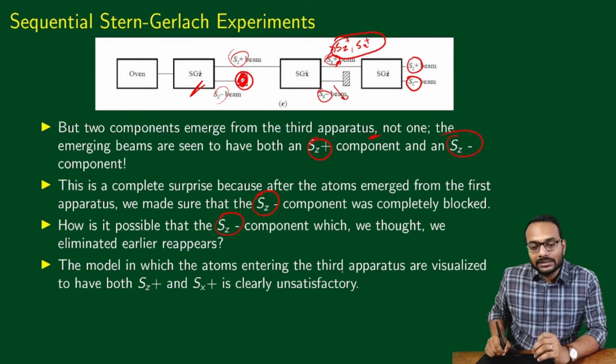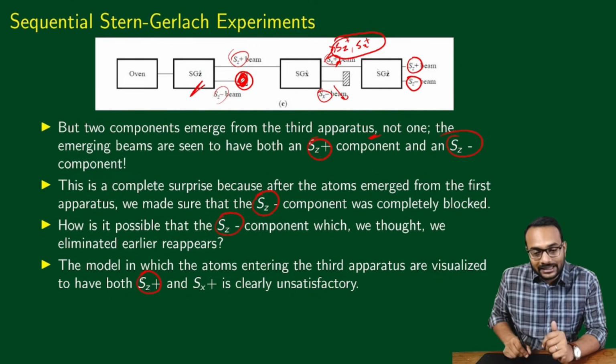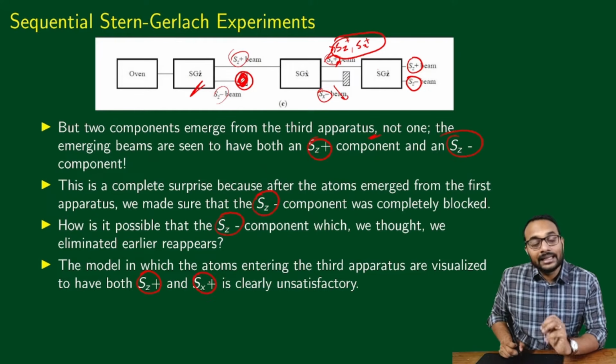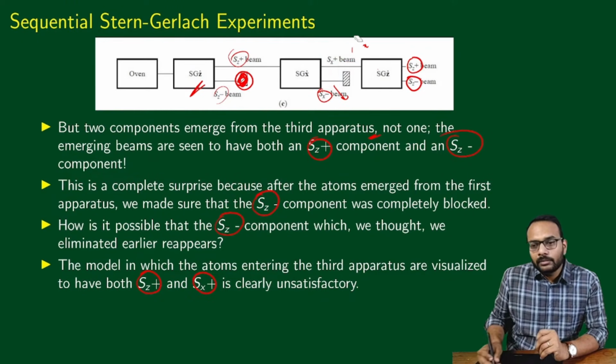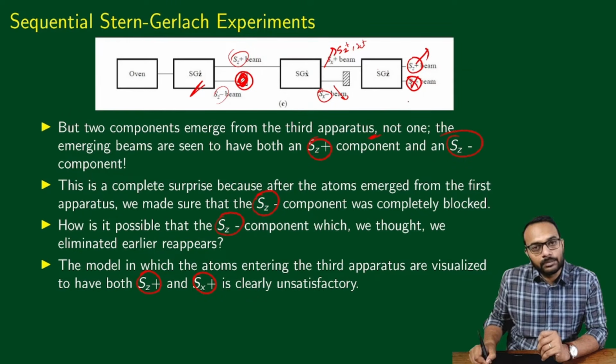The model in which the atoms entering the third apparatus are visualized to have both Sz plus and Sx plus is clearly unsatisfactory. Why? Because if this beam is characterized by Sz plus and Sx plus, and we send it to an SGZ apparatus, we should get only this beam. We should not get this beam, but we are getting both beams.